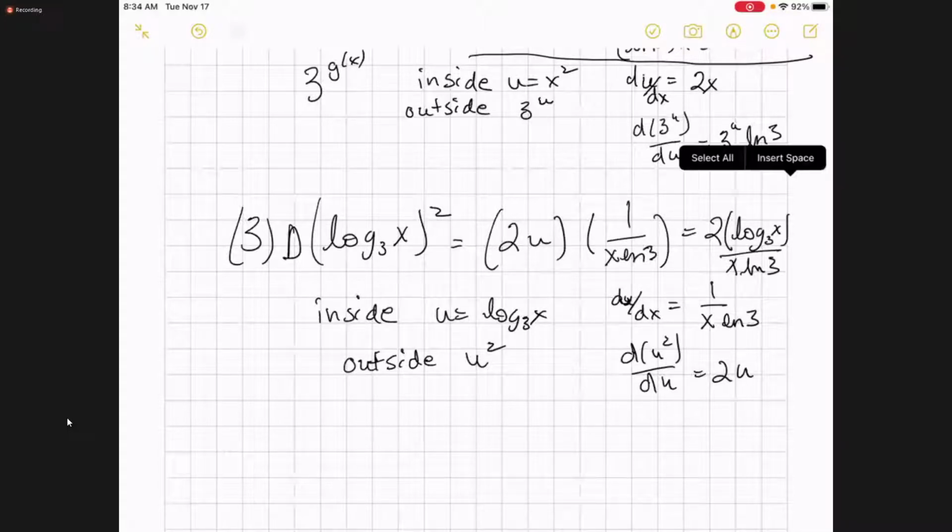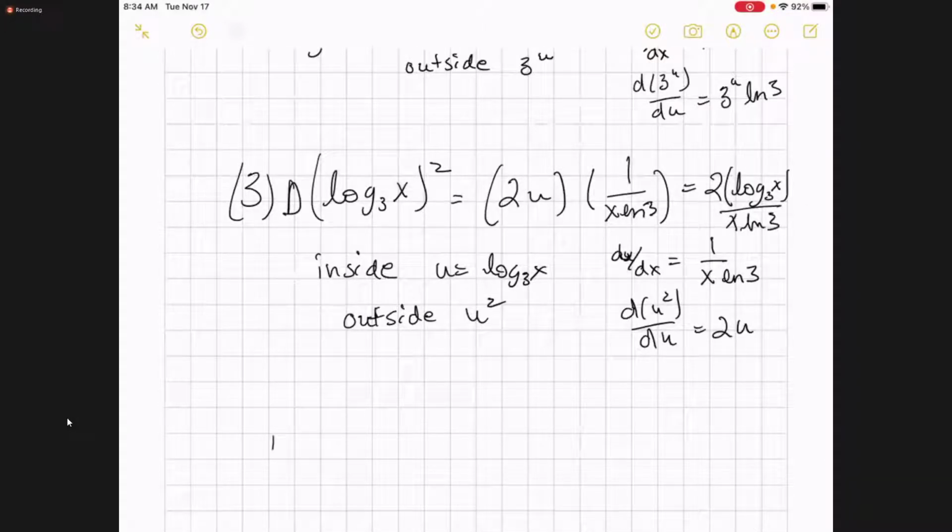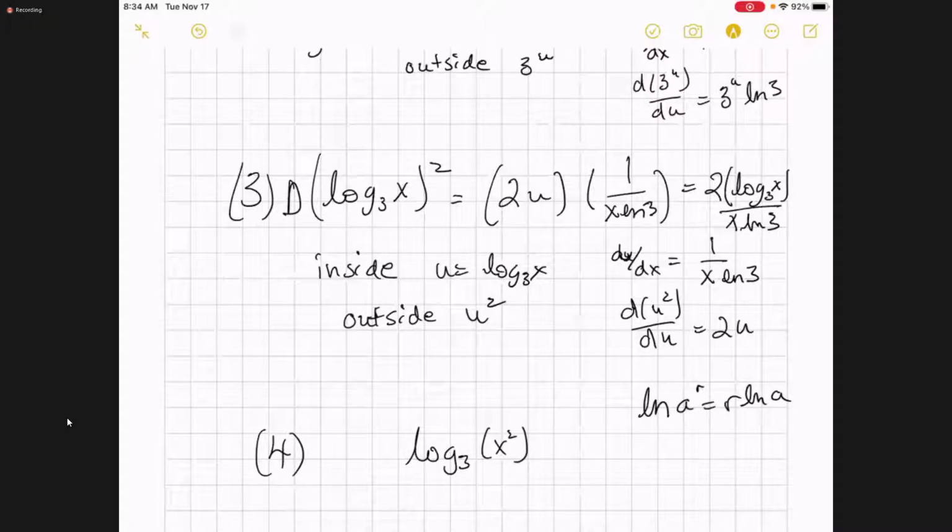If I put the squaring function on the inside, okay, so now I'm looking at log base 3 of x squared. Well, one thing before I take the derivative, we had this rule, ln of a to the r is r ln of a. This rule applies to all logarithms. Okay, so base 3, base 10, whatever.